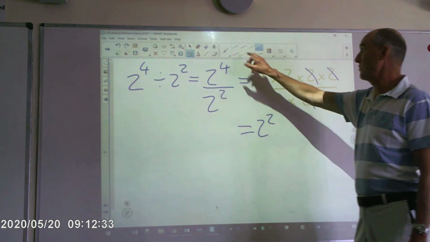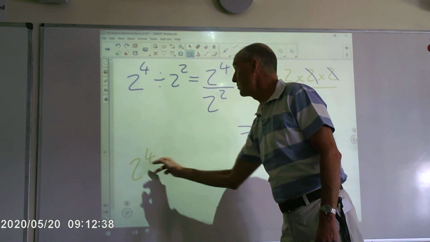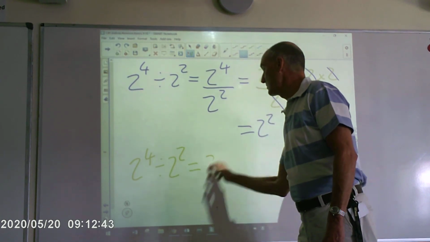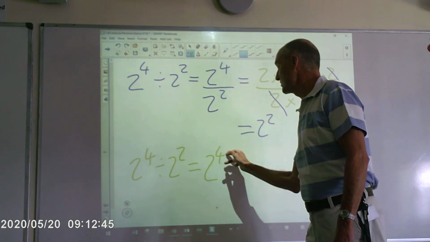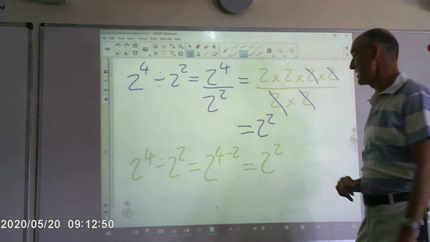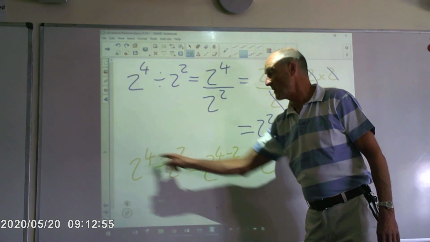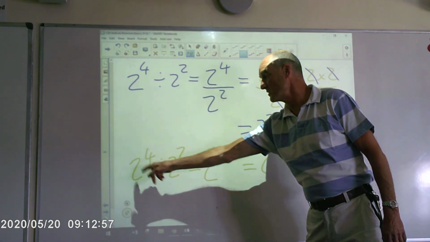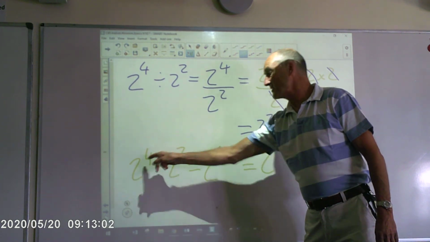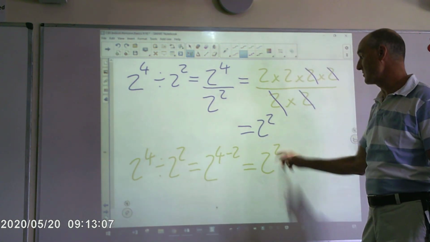So what's your general rule? 2 to the power of 4 divided by 2 to the power of 2, 2 to the power of 4, subtract the 2, gives you your 2 squared in this case. So this time, if you're dividing powers of the same thing, so in this case that thing is 2, if you're dividing those numbers, you just subtract the powers.